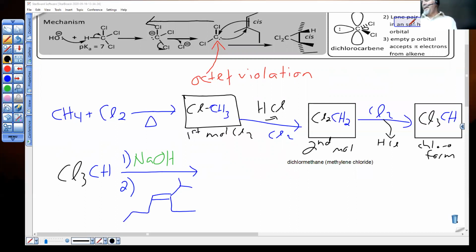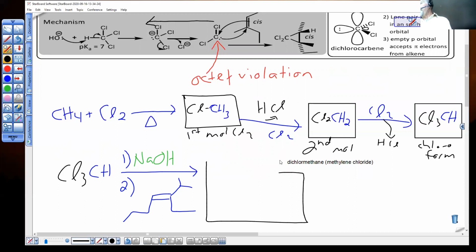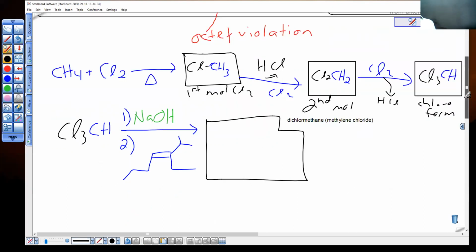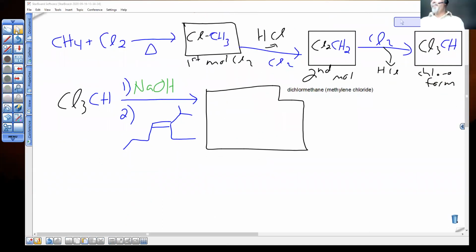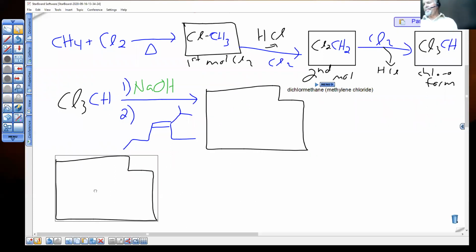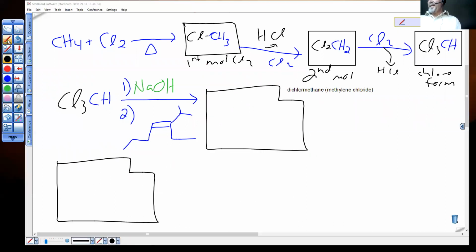And put a big box here. Okay. And what's going to go in our big box? Let's run down what happens, all the steps.